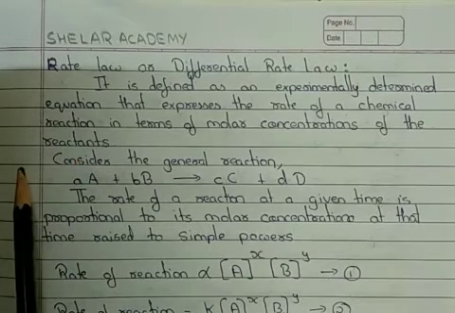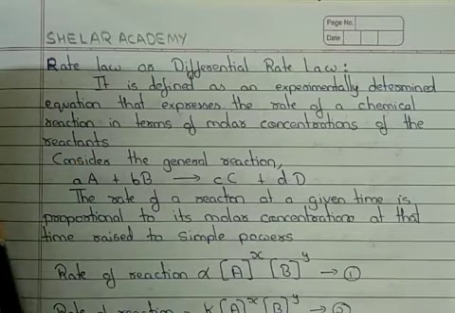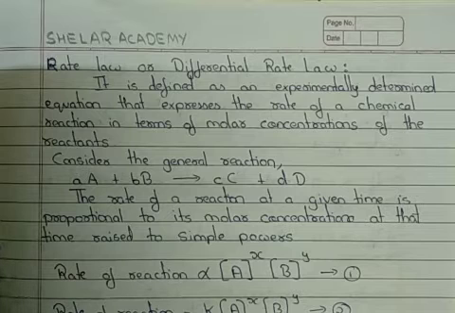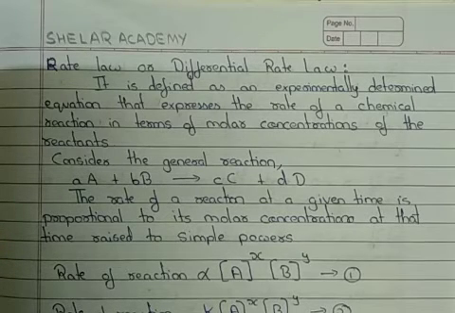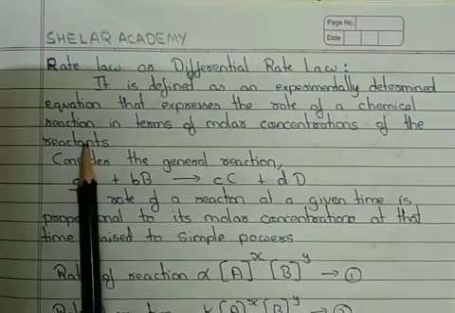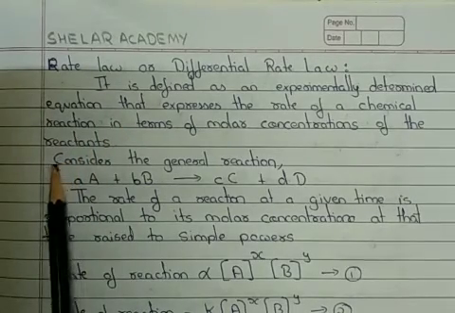Previously also we have written rate of reaction, where we determined the rate of reaction with respect to both the species, that is reactants as well as products. In this case, it is only with respect to reactants. That is a basic difference.